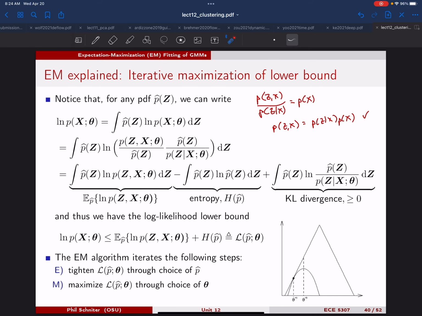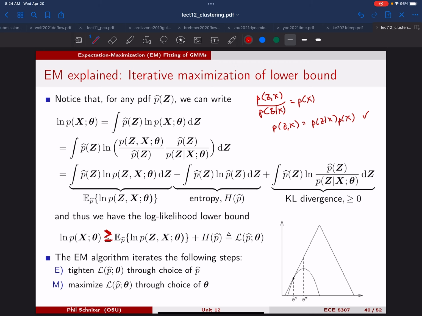Okay, so again, all we've done is we've taken our log likelihood and written it in a somewhat complicated way. But the very last step is to exploit the fact that this divergence is always non-negative. There's a big typo on this page, which I corrected in the notes but didn't upload here. So we have to reverse the direction of the inequality.